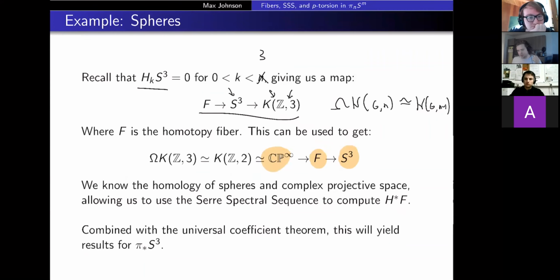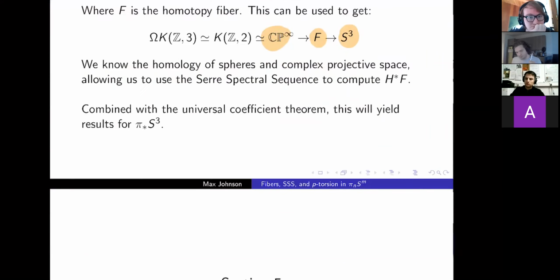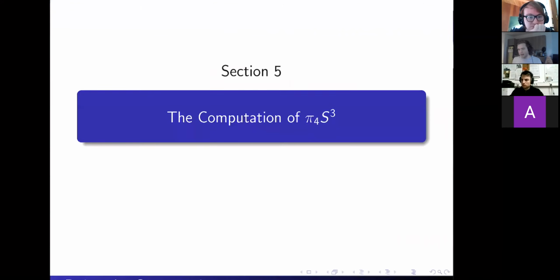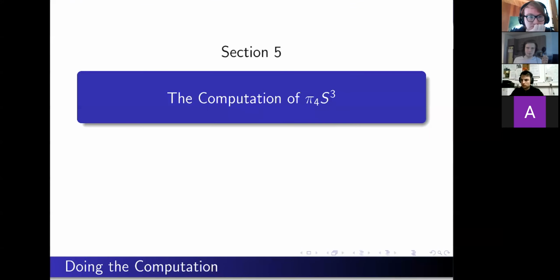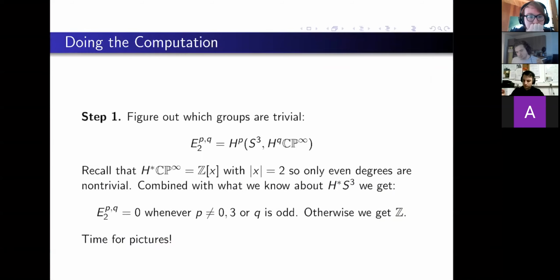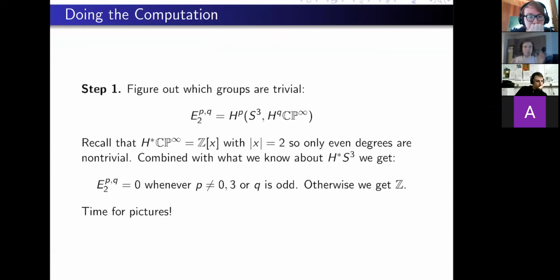Okay, so let's continue. The computation of pi 4 of S3. We have finally made it to our goal. Okay, step 1 of doing any spectral sequence computation, figure out what the E2 page is and hope most of the entries are 0. In this case, it's actually going to end up being very good for us.